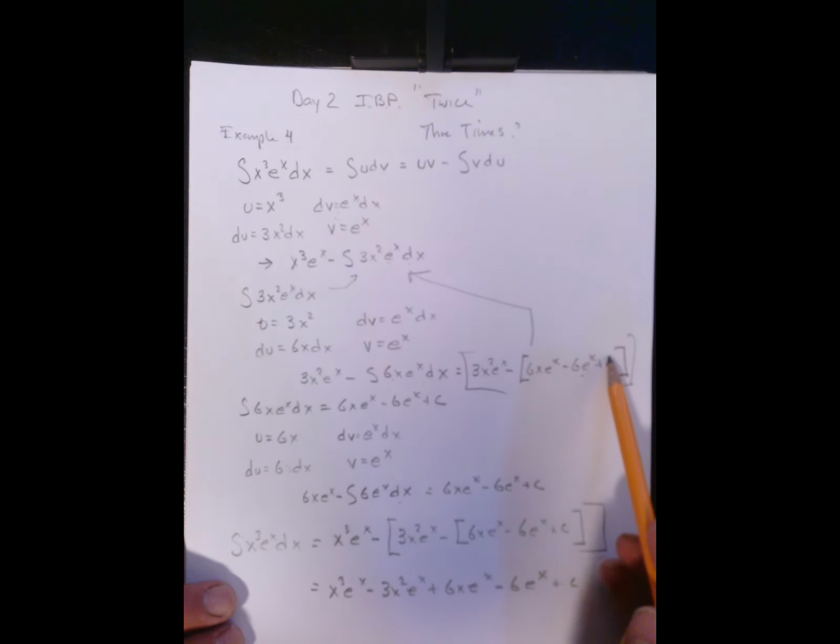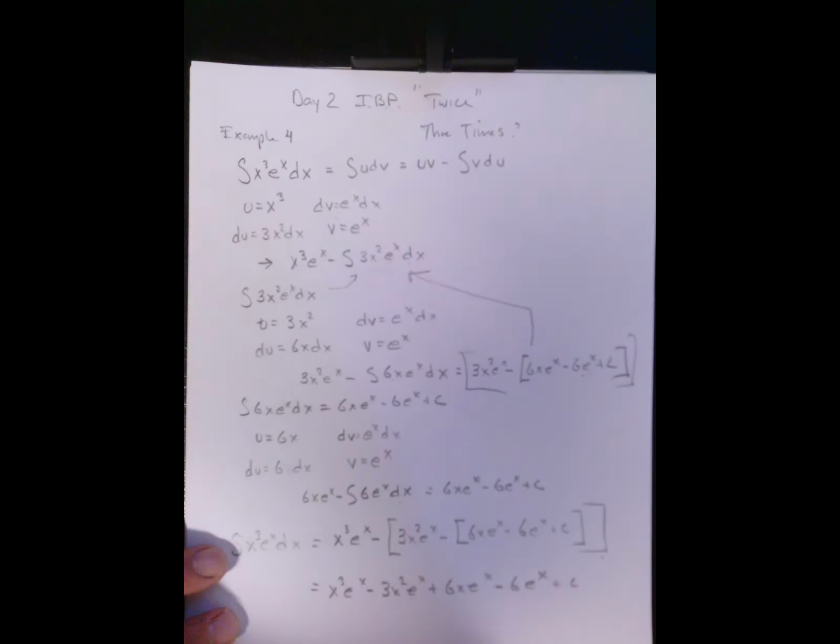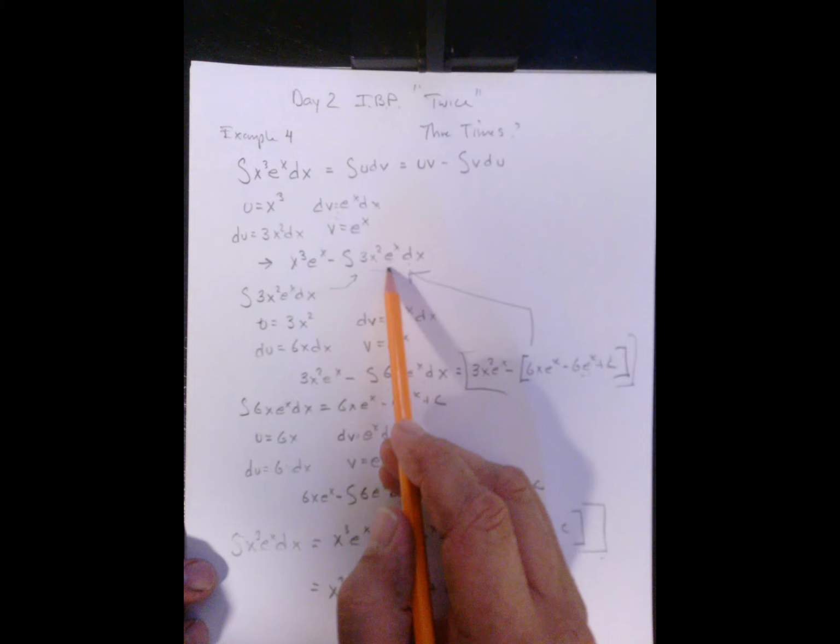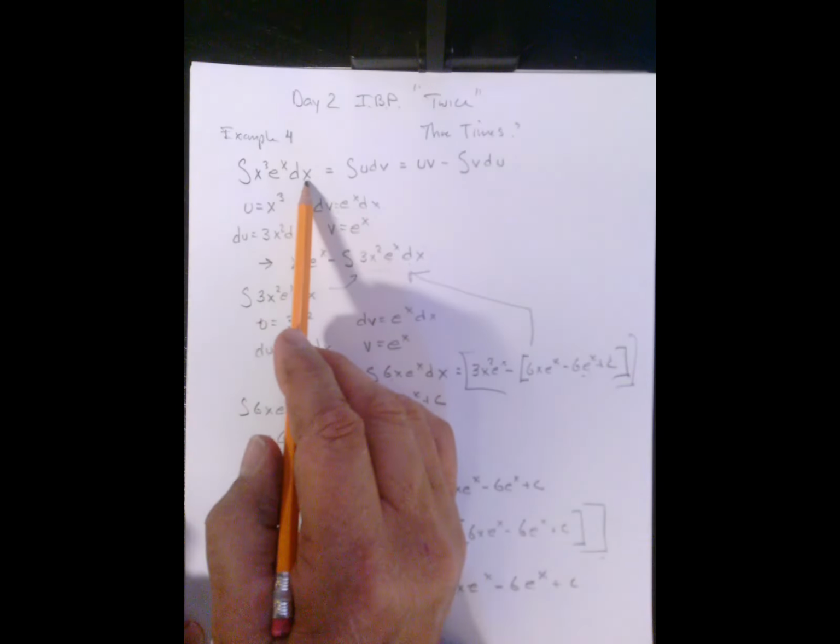So integration by parts to get this, which was needed to do integration by parts to get this, which was part of an integration by parts application to find that. So 3 integration by parts.